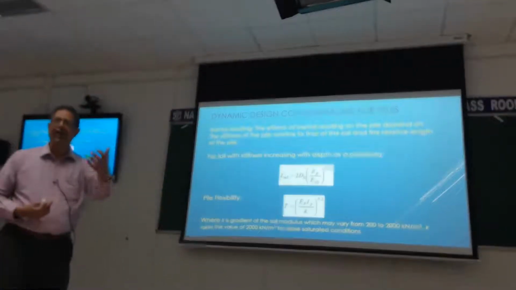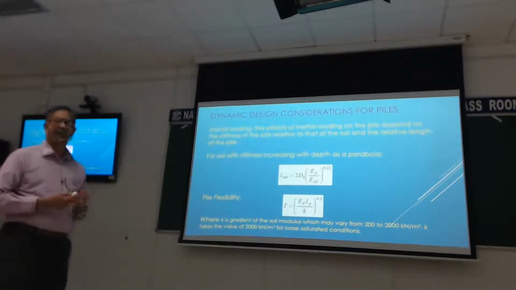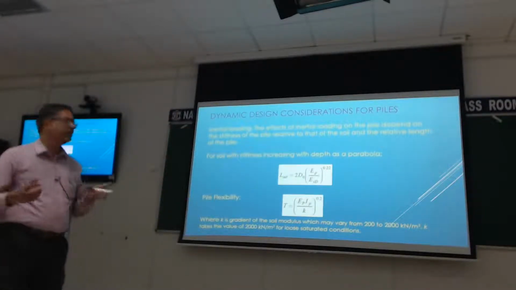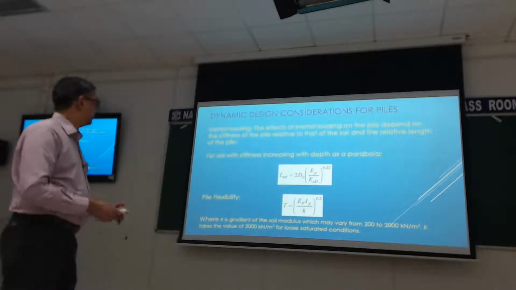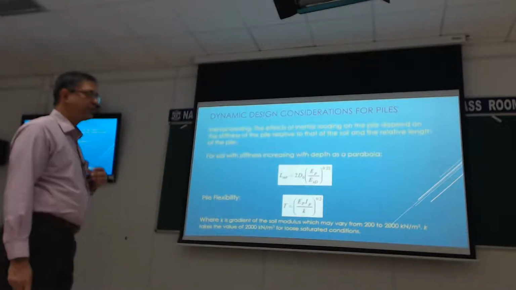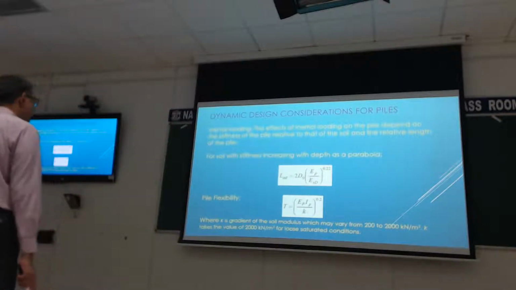Anyhow, that's where we are. But clearly having a ratio between the modulus of soil and modulus of the pile makes some sense. So that's the ratio. The power 0.22 is just a thing. And this 2d_0 is the diameter.